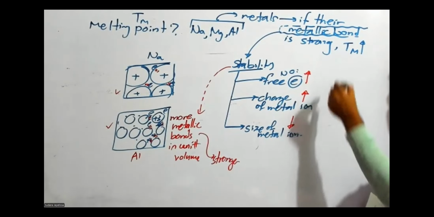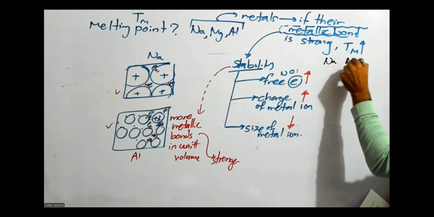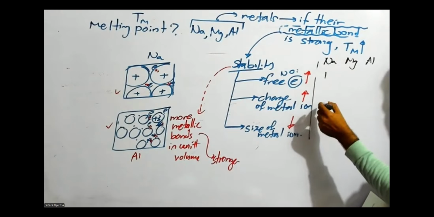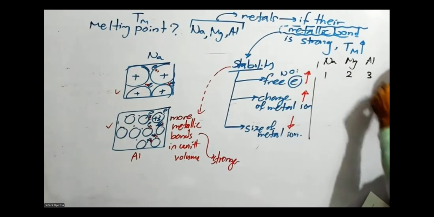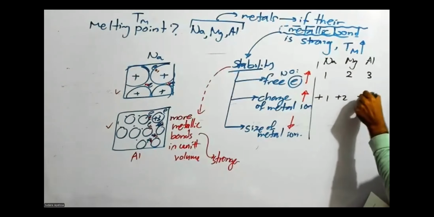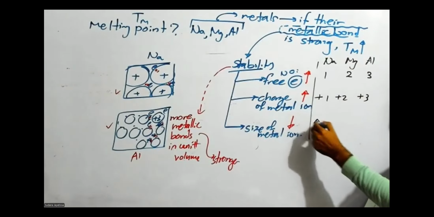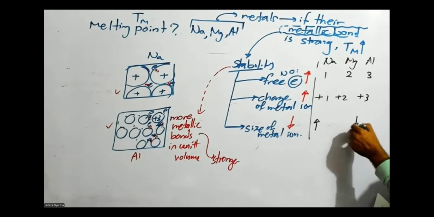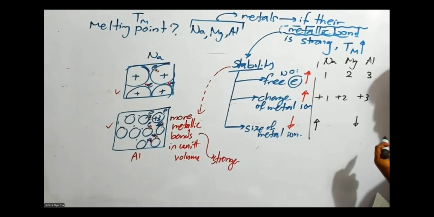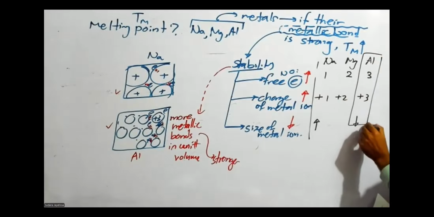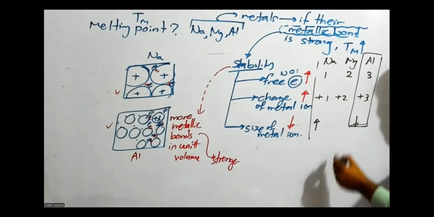Sodium has only one free electron, magnesium 2, aluminium 3, and their charges are +1, +2, and +3. The size is larger for sodium plus, and aluminium 3 plus has a very small size. So all the factors favour a stable metallic bond for aluminium.